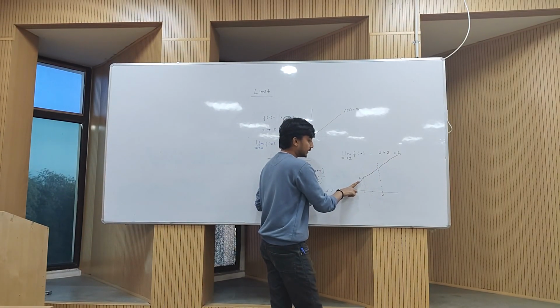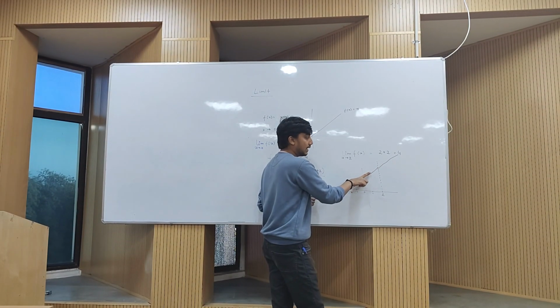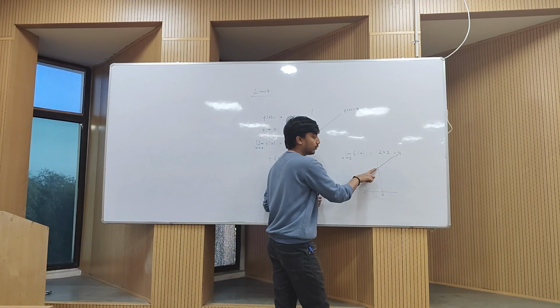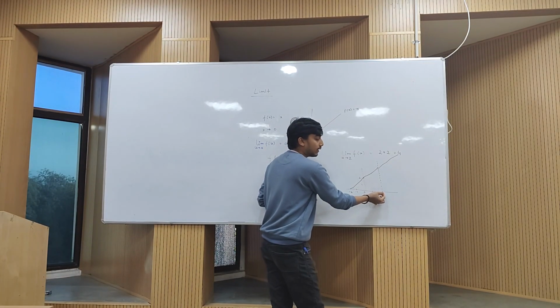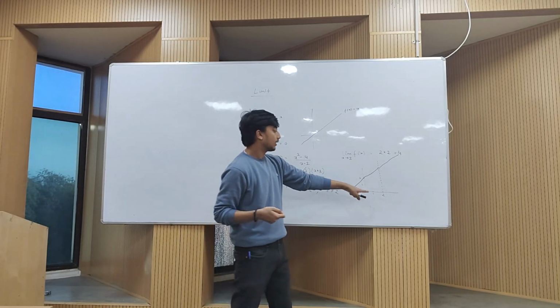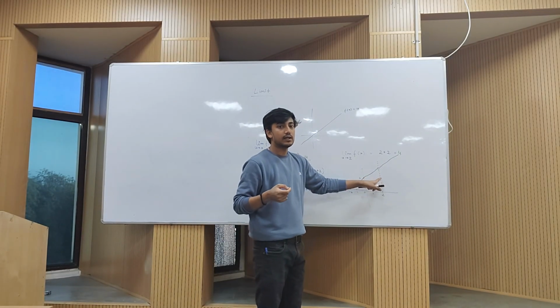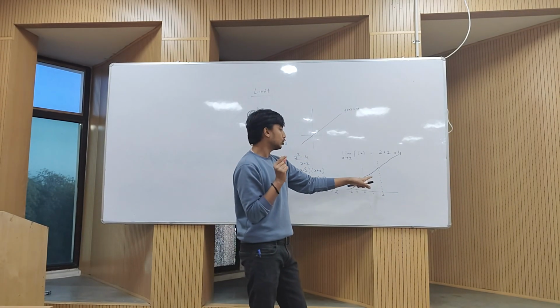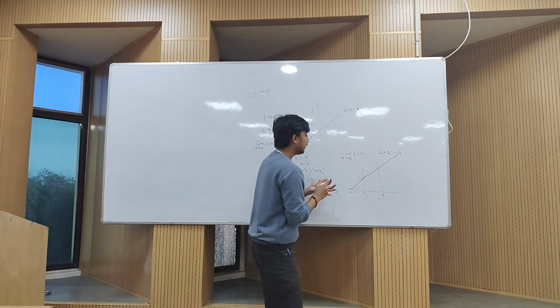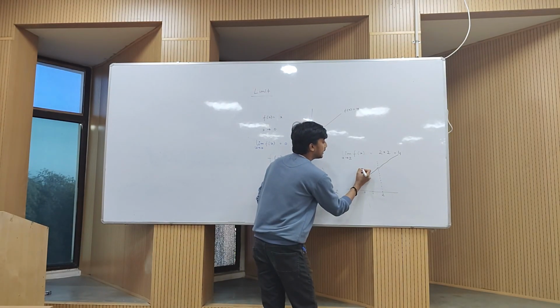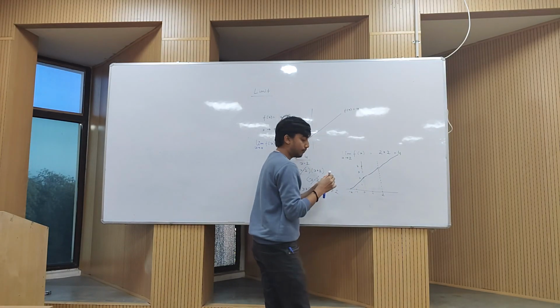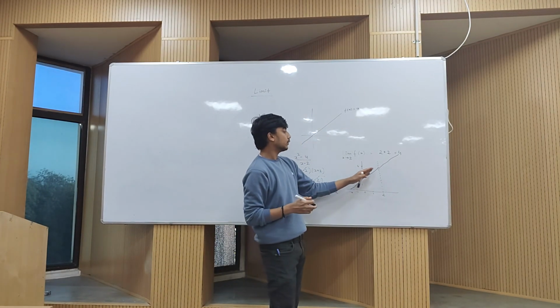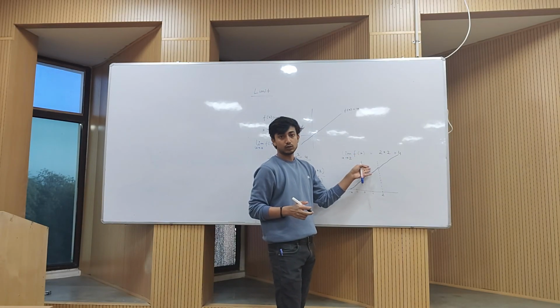I am moving like this from the left side. Whenever I go as close to 2, at 2 the value is not defined, but the value of the function goes as close to 4. This is 4, this is 3. So from the left side, if I approach 2, my function is approaching 4.